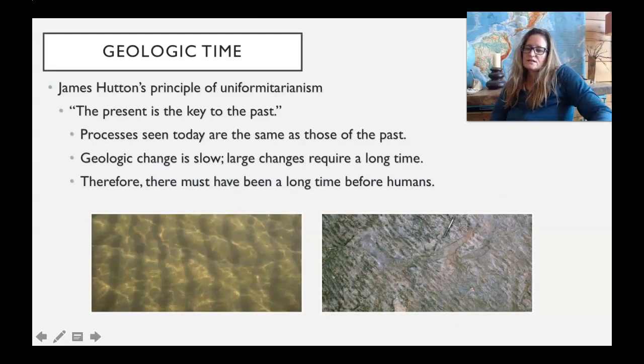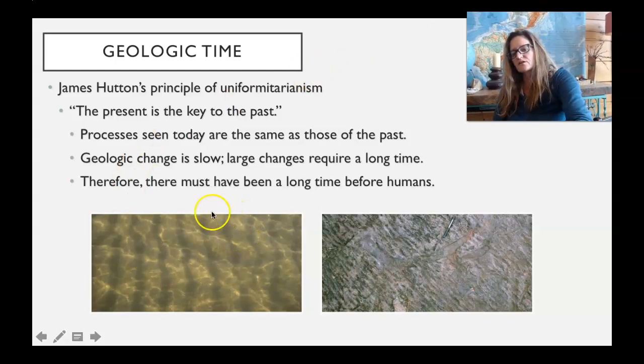So the present is the key to the past. It means that we can look at ripple marks that are on a lake or a river or the seafloor, maybe near the shoreline, and see that currents are moving the sand and making those ripples on the bed of whatever water it is.